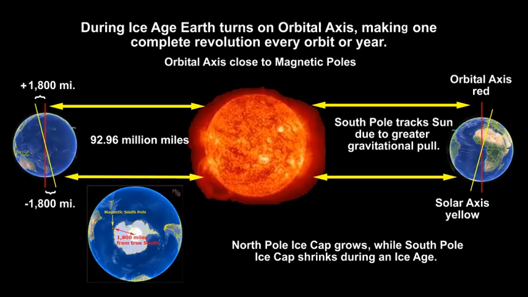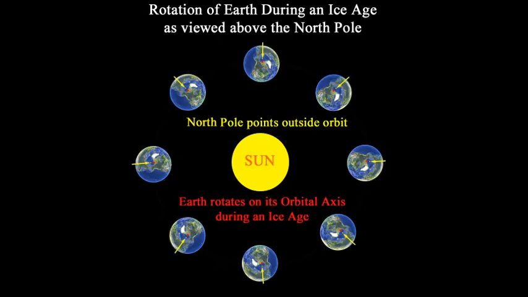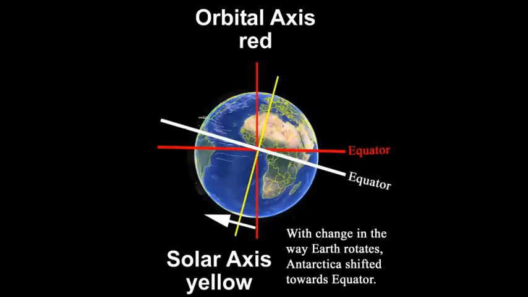That would mean that the southern hemisphere was bathed in sun as the Earth rotated on its orbital axis 360 degrees each year, and the sun rarely would set in Antarctica, while at the North Pole, the sun would rarely rise above the horizon during an entire year, and the North Pole would be much colder than the South Pole because it tilted outside the Earth's orbit during each ice age.